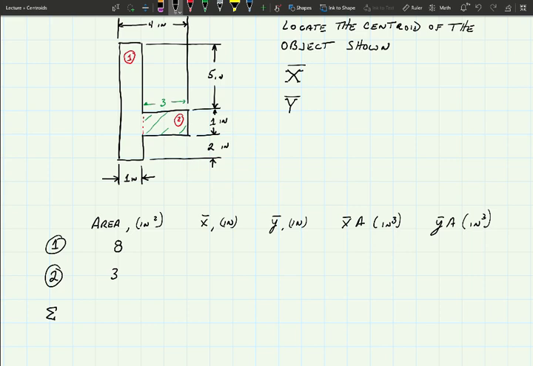Okay, so in the first one, the centroid of X is going to be right down this middle here. So let's draw, we're going to have our center line like so. Okay, and that'll be half of that distance.